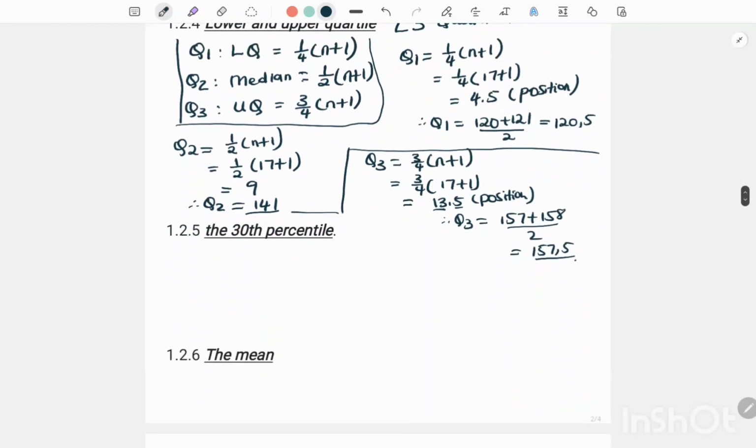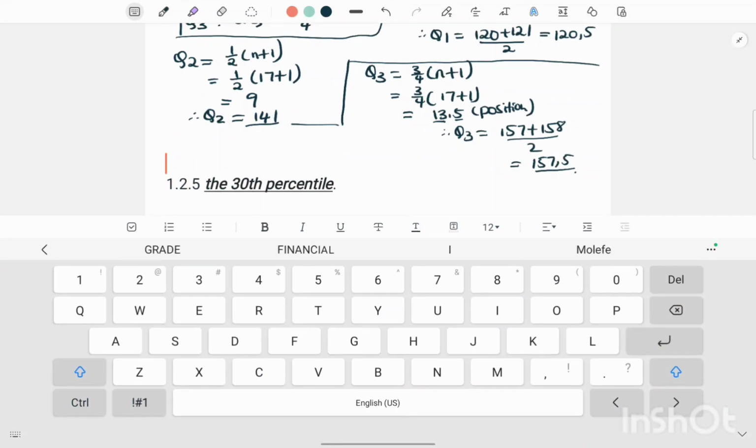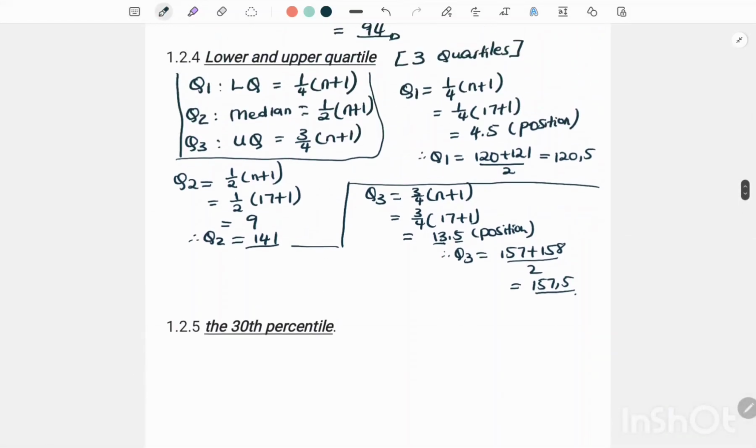Then you are fine. Ladies and gentlemen, please be careful. These are the quartiles. But remember, 1 over 4, when you convert it to a percentage, is the same as 25%. So it is also known as the 25th percentile.